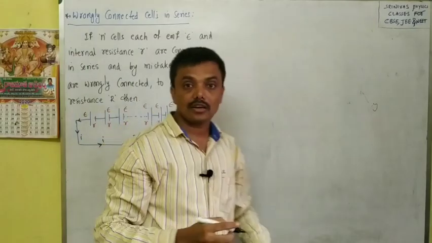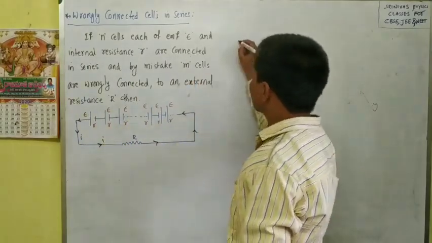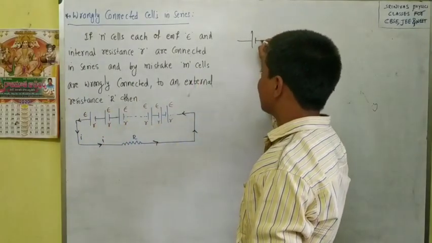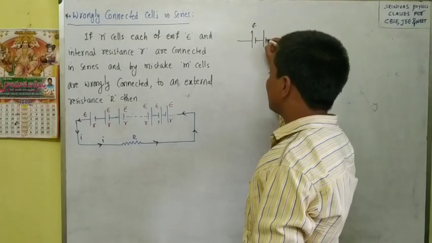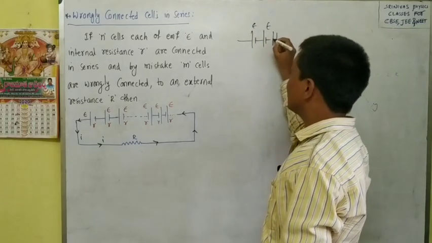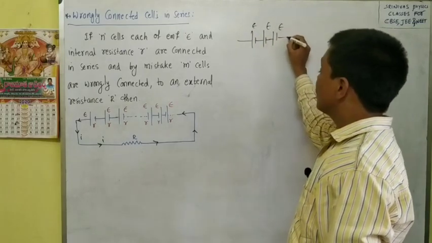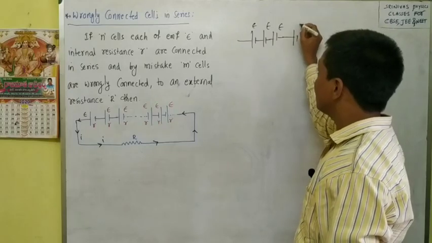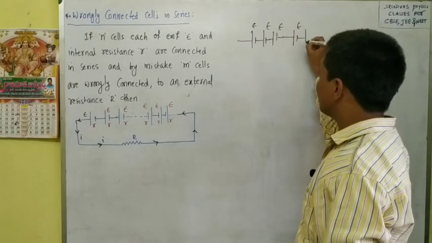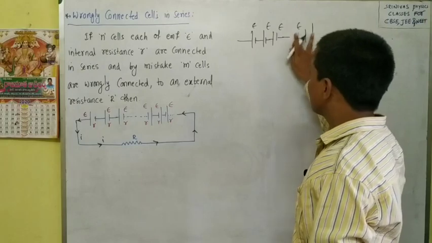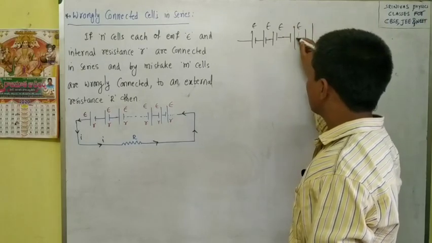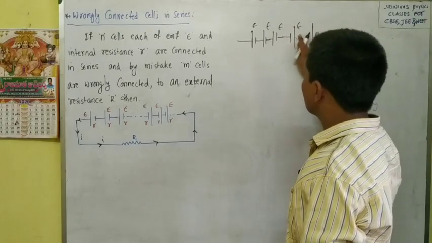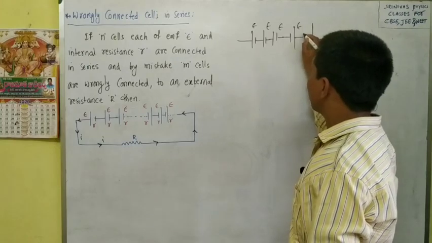For this, I will tell an example. For example, there are 5 cells, each of EMF E, and E, and the next E and E. Look here, there are 5 cells.